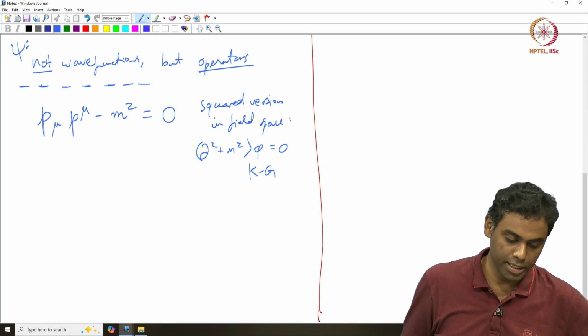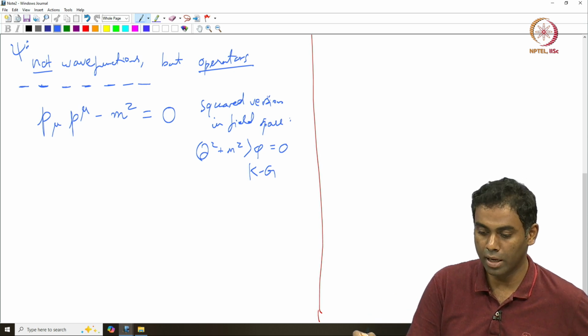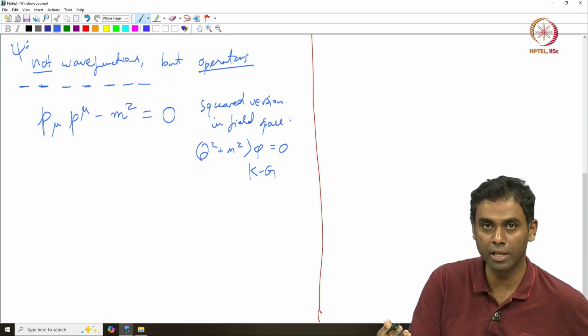So, his idea was, why do we want to keep the squared version? The real idea is to only put space and time derivatives on the same footing. That is the main thing here.